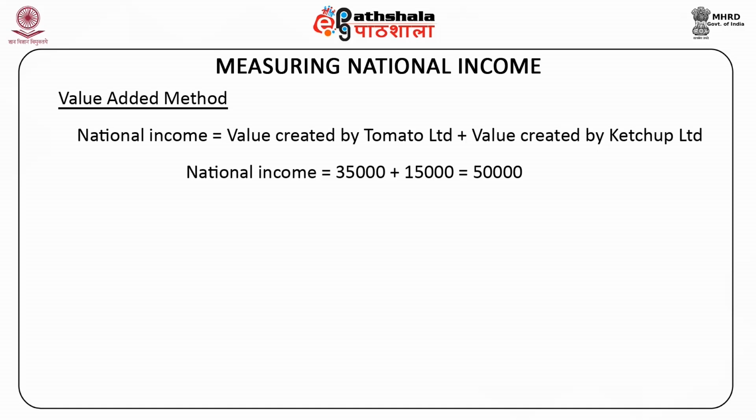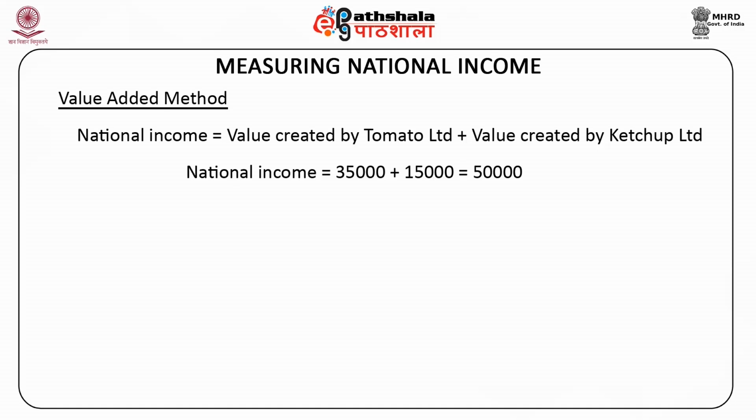To avoid this, we should add the value added in each stage or by each firm. The value added by the Tomato Limited is 35,000, assuming it does not use any intermediate inputs. Now the value added by Ketchup Limited is value of final output minus cost of intermediate inputs, that is 40,000 minus 25,000. This will be 15,000.